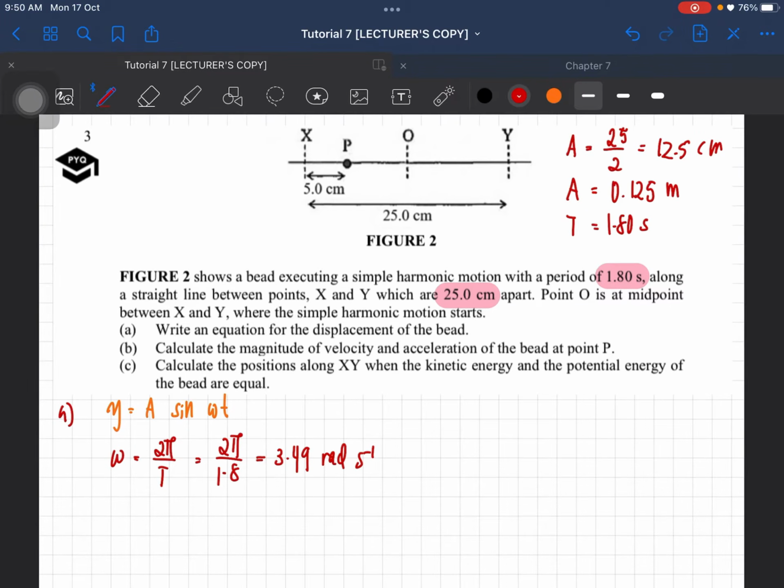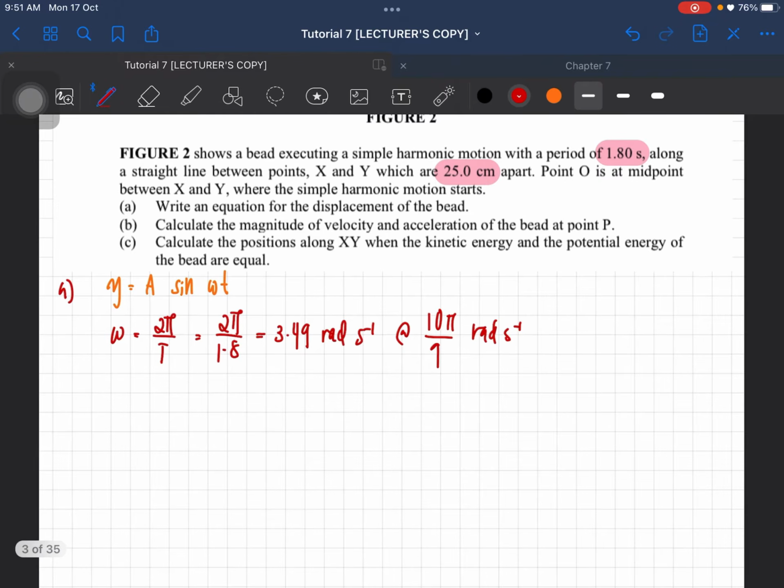Actually, if you don't want it in decimal, it's better that way. If not, it will be 10 pi over 9. So if some of you use pi, it's going to be 10 pi over 9 radian per second. It's up to you whether you want it in 3.49 or 10 pi over 9.